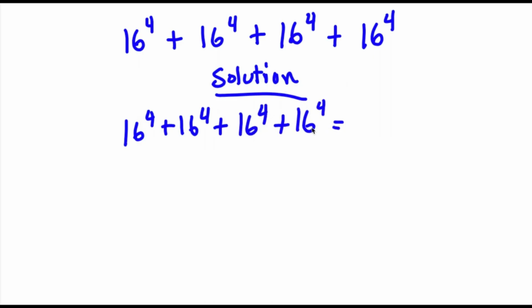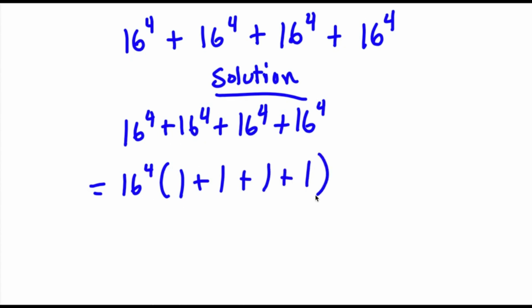Now, what I can do from this is factor out 16 to the power 4. So now this is equal to 16 to the power 4 times, now 16 to the power 4 divided by 16 to the power 4 is 1. So I have 1 plus, again, 16 to the power 4 divided by 16 to the power 4 is 1, plus 1 plus 1.